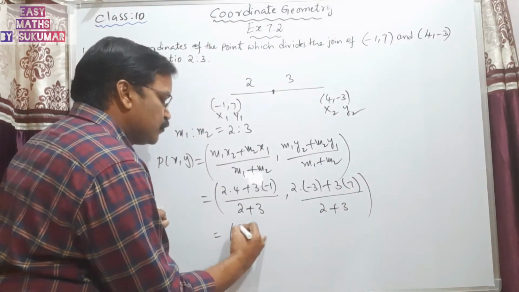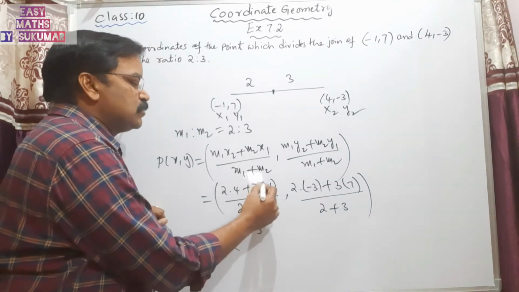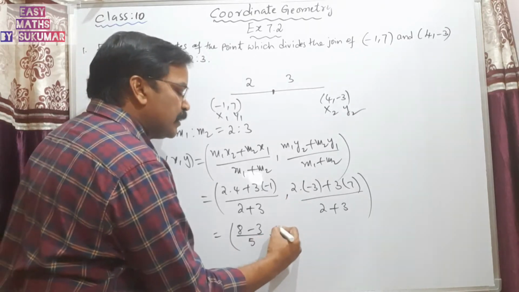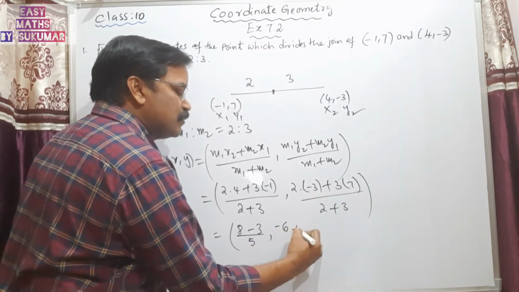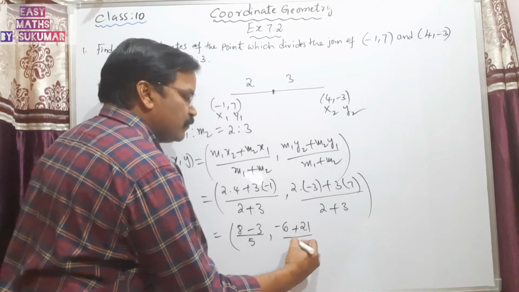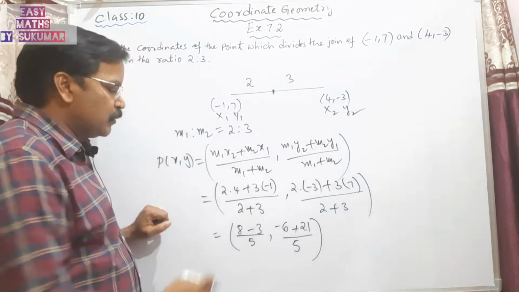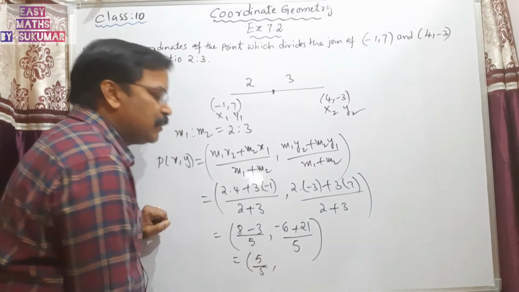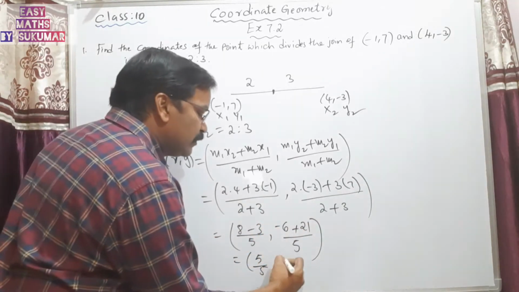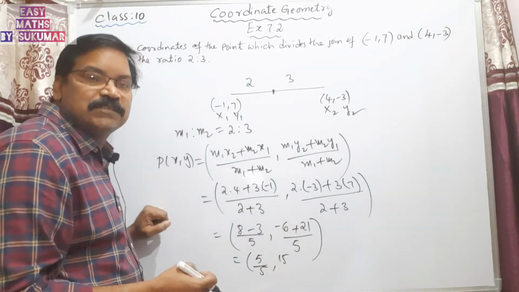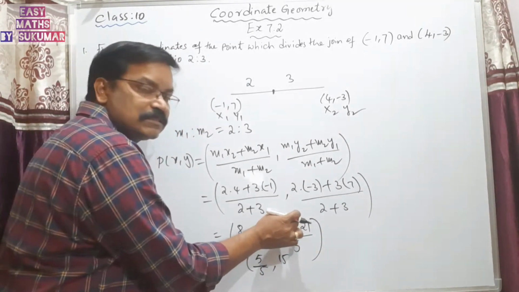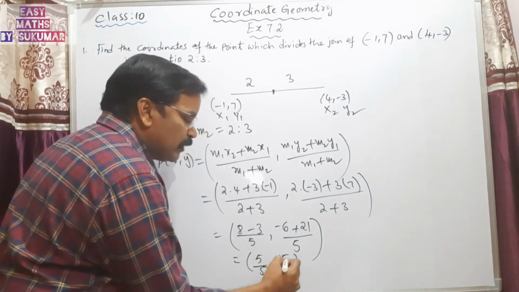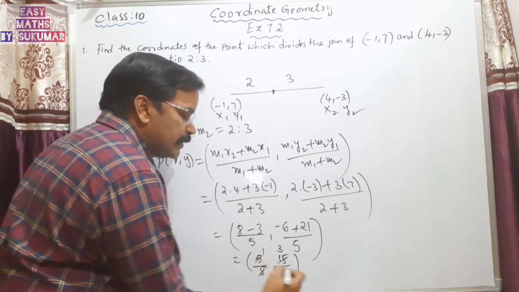So 2 fours are 8, minus 3, by 5, comma, 2 into -3 is -6 plus 3 sevens are 21, by 2 plus 3 which is 5. So 8 minus 3 is 5, that is 5 by 5, comma, minus 6 plus 21 is 15. Here the plus signs are more, so plus 15 by 5. In 15, 5 goes 3 times, and the 5s get cancelled.